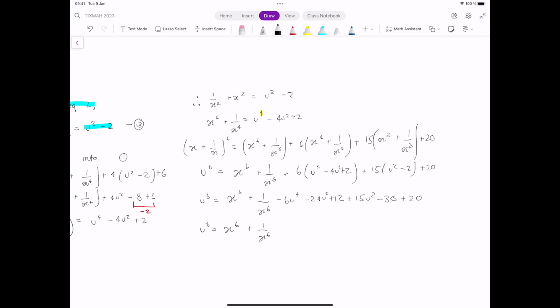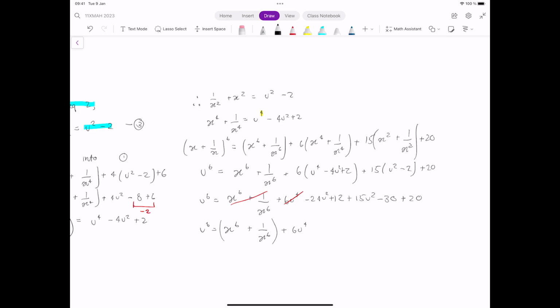So let's see, we've got minus, and that's going to be a plus there. So we've got a plus 6u to the power of 4. How many u squareds do I have?